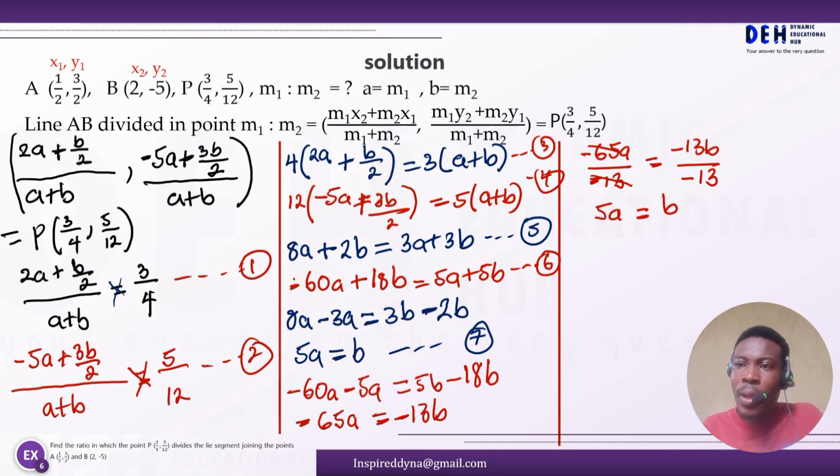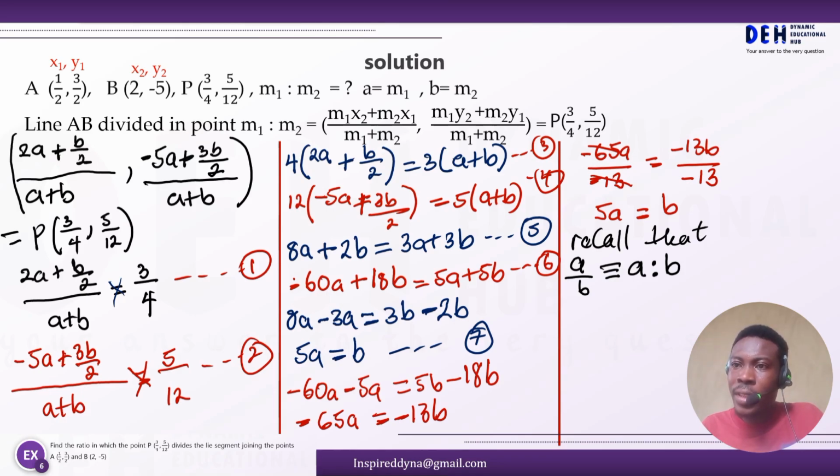It's very simple. Recall that ratio means division. Recall that a over b is equivalent to a ratio b. So we divide this expression by b.